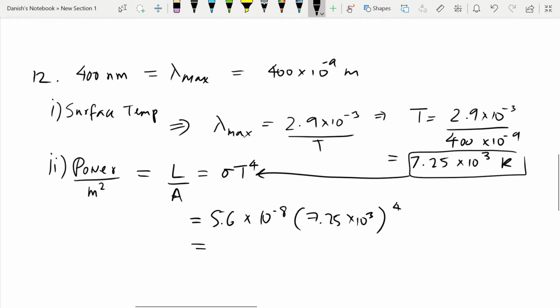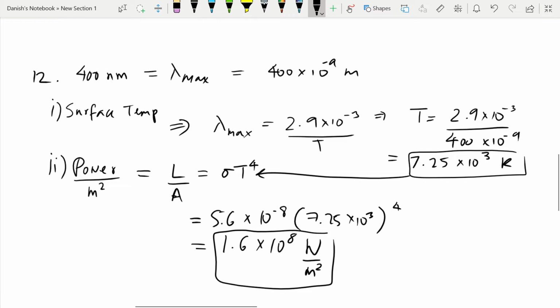And this will give us 1.6 times 10 to the 8. Now be careful here, it's not watts because it's not luminosity, but it's watts over meter squared because it's over area. And that's our answer for that question.